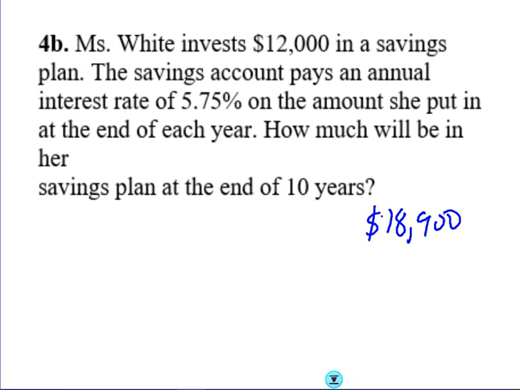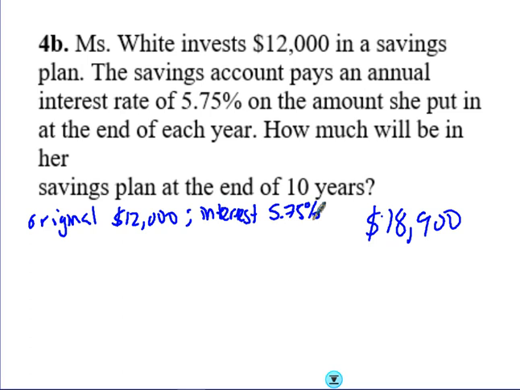All right, so we need to come up with $18,900. Well, how will we do that? Well, the first thing we should do again is write out the amount that she started with. So originally, she started off with $12,000 in this account. But then she got interest of 5.75%.